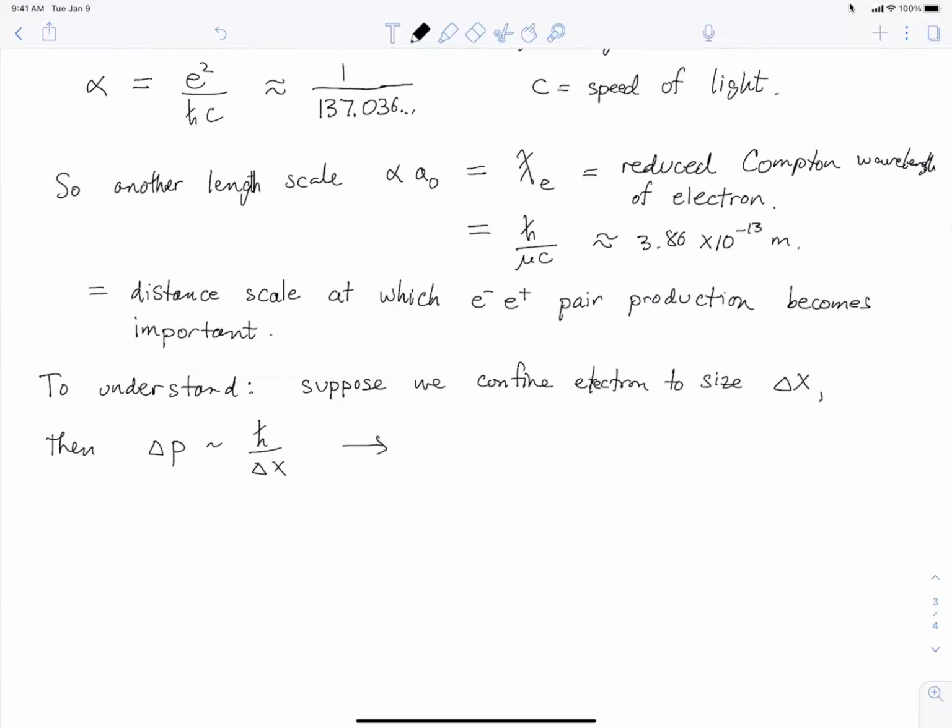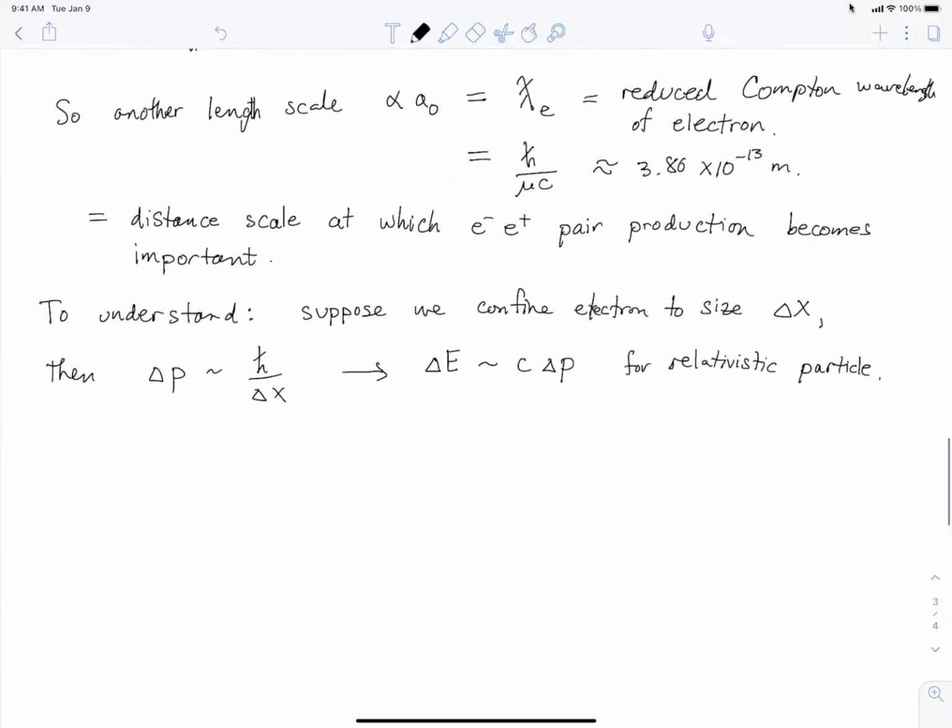And for a relativistic particle, the uncertainty in the energy should be the speed of light times delta p, because energy is just the speed of light times momentum for a relativistic particle. Okay, and our electron will be relativistic because it's going to have a large energy.